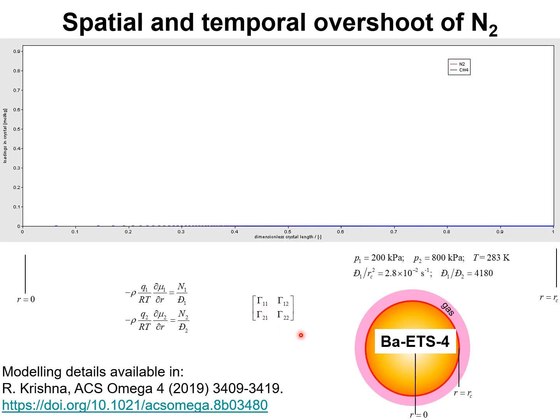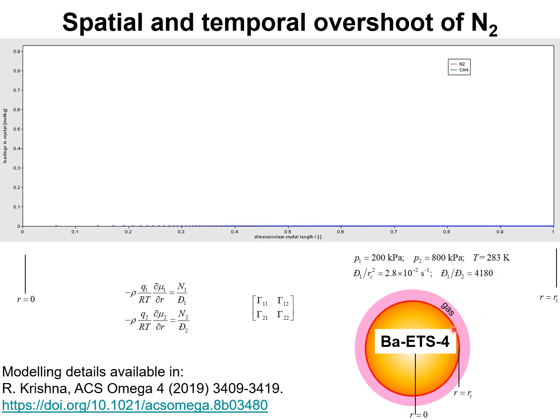Let us examine transient uptake of a binary mixture of nitrogen, component 1, methane, component 2, at partial pressures 200 kilopascal and 800 kilopascal respectively in the bulk gas mixture, and the temperature is 283 degree Kelvin.